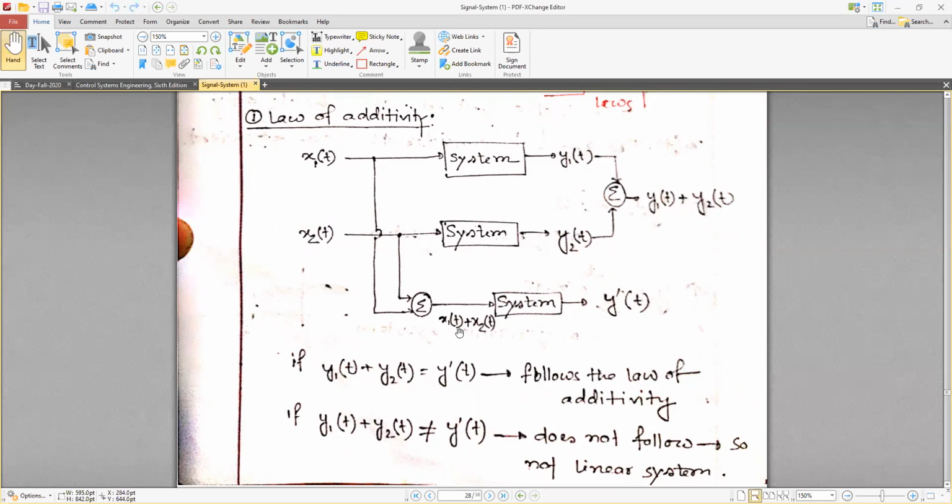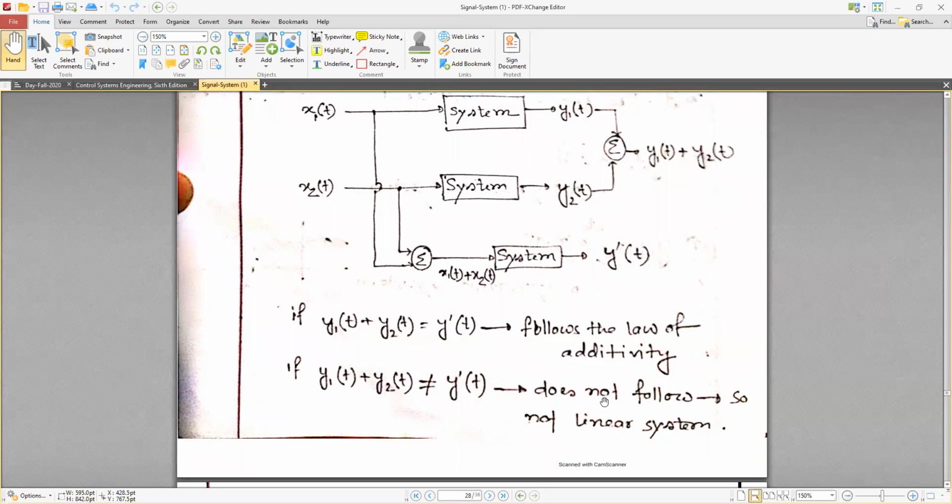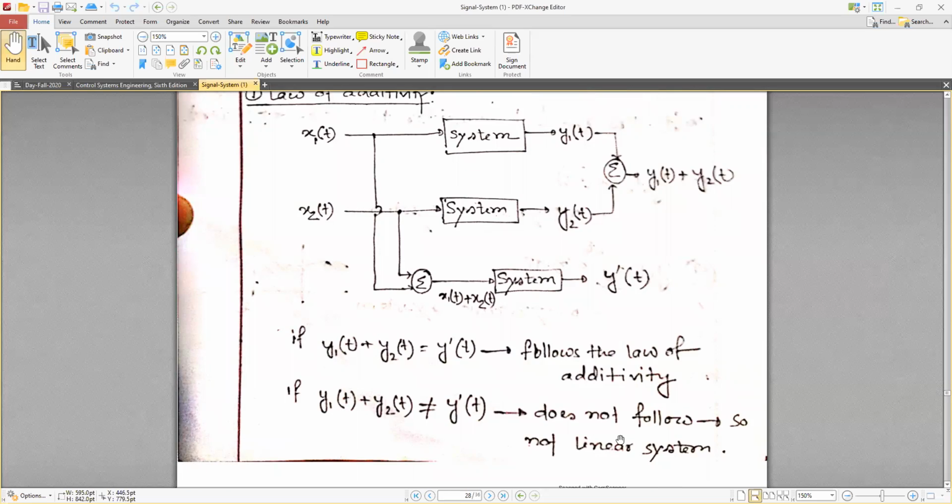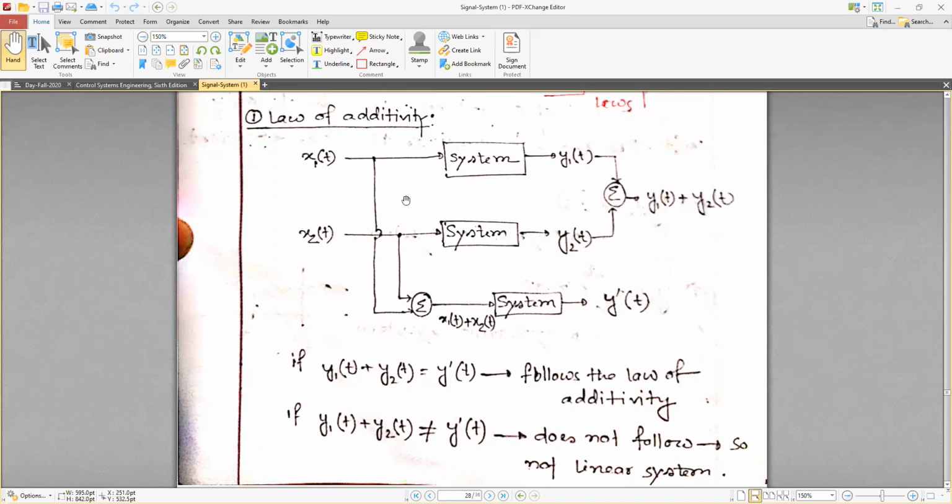Again, if we sum x1(t) plus x2(t), and it goes to y prime(t), and both these things are the same, then it follows the additivity feature. But if these two things are not the same, then it does not follow, so it is not a linear system.